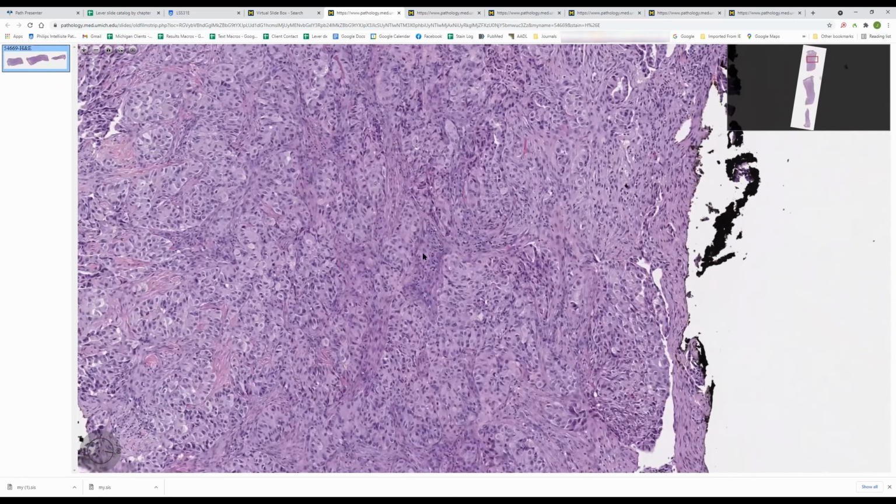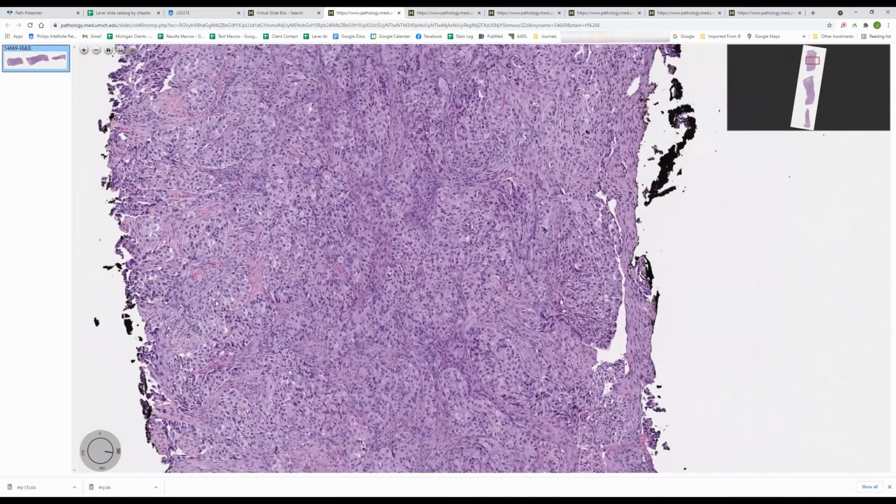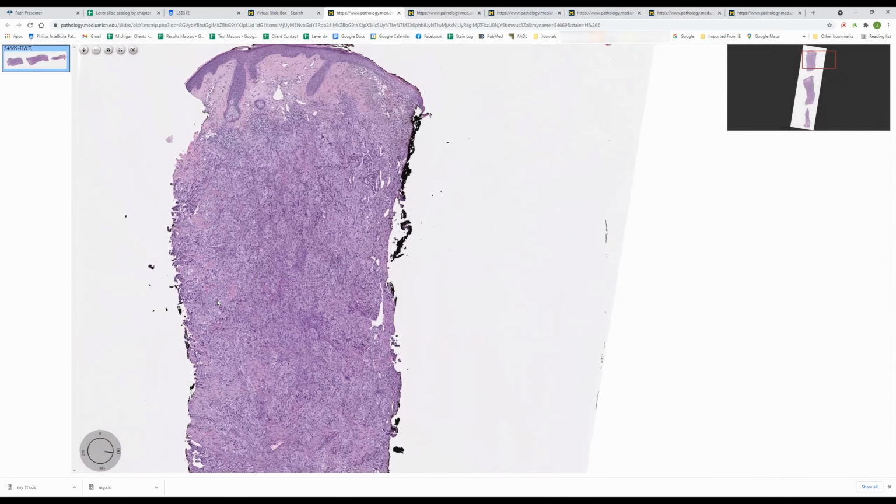So again, history here would be very important, but presuming that we had no history, a good background stain panel for a poorly differentiated tumor would be to start off with an S100 or some sort of melanocytic marker, an LCA or some sort of lymphocytic marker, which I don't think I would get in this case, but maybe if it were more of a small cell tumor, CD45 is the other name for LCA.